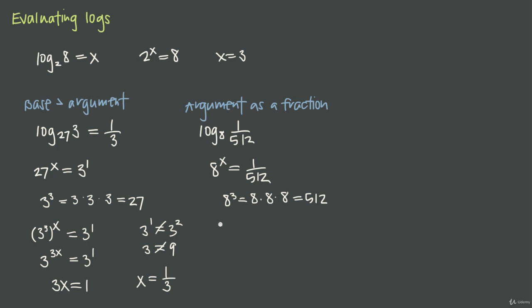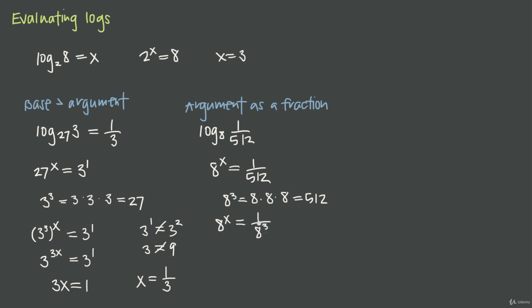So I can rewrite this expression here as 8 to the x is equal to 1 over 8 to the third. Again, I'm going to bring in an exponent rule. In the same way that over here with this expression, we brought in the power rule for exponents, here I want to apply the negative exponent rule, which tells me that when I have an exponent inside of a fraction, here I have 8 to the third and that expression is inside of a fraction.